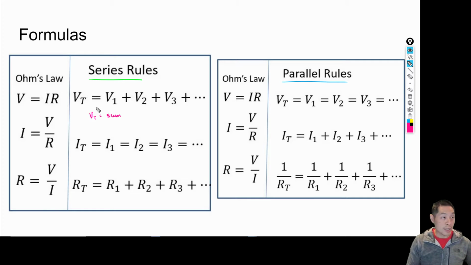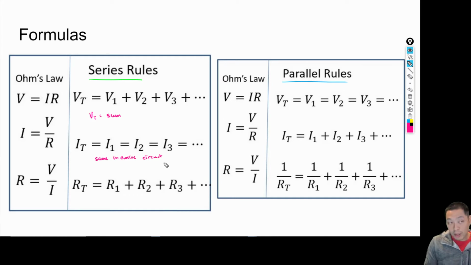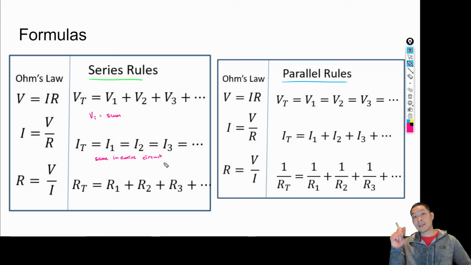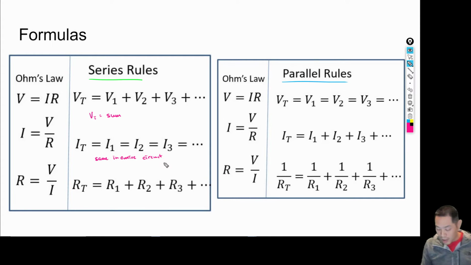Current is going to be the same in the entire circuit. So the current at the battery is going to be the current at this light bulb and the current at the other one. And the total resistance is also the sum.